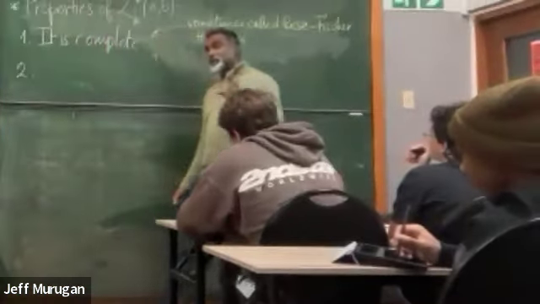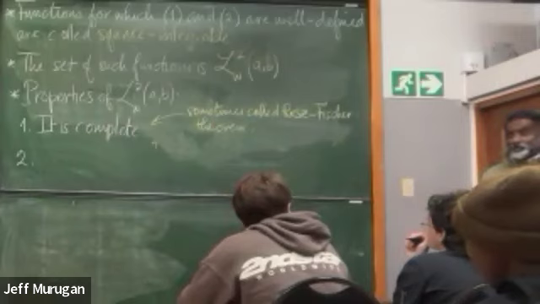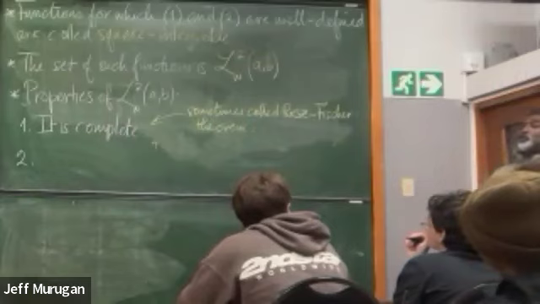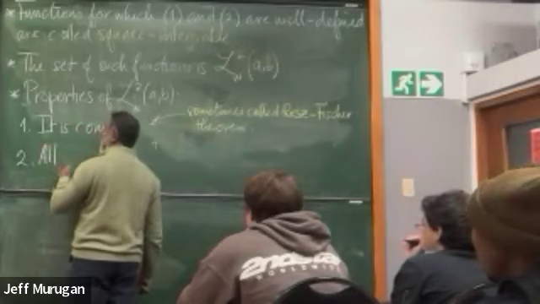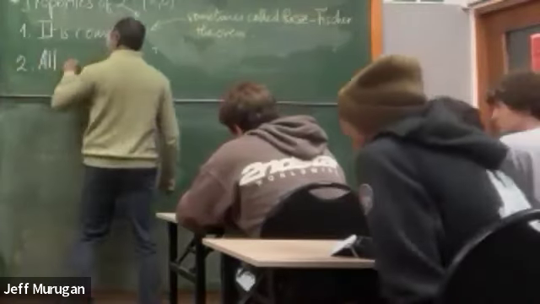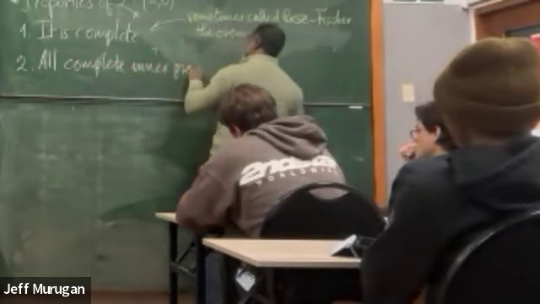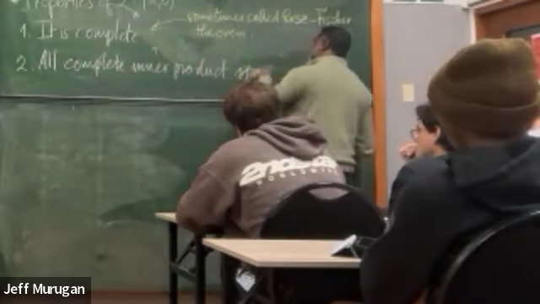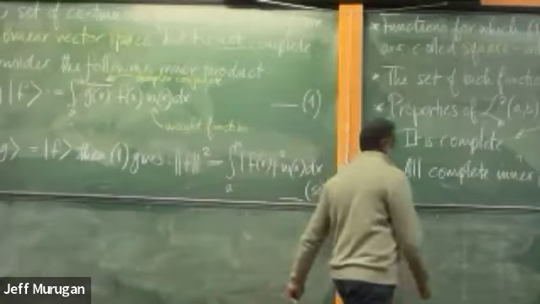This is important because when I deal with functional spaces that have an inner product and are complete, we might as well just work with the set of square integrable functions, because any other ones that you can think of are isomorphic.